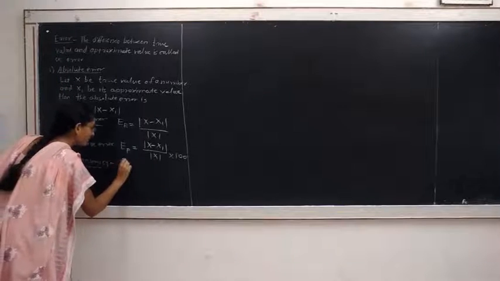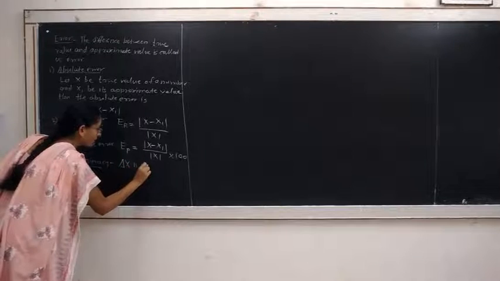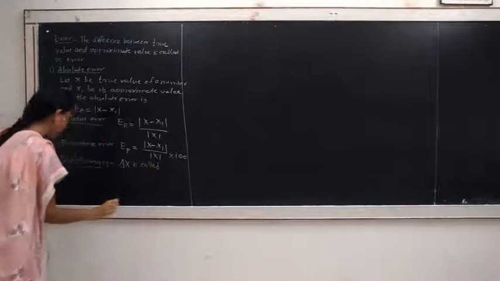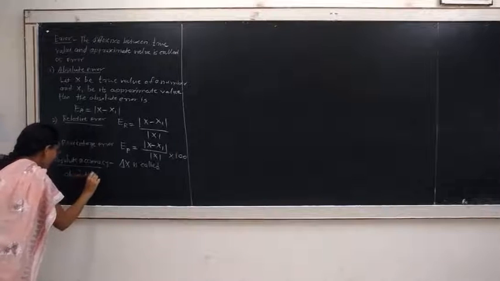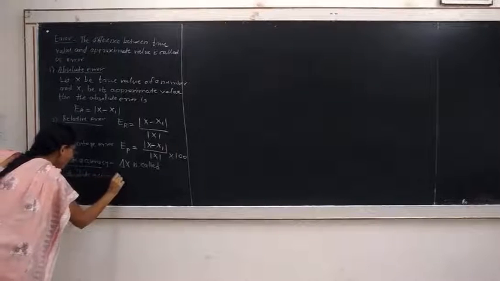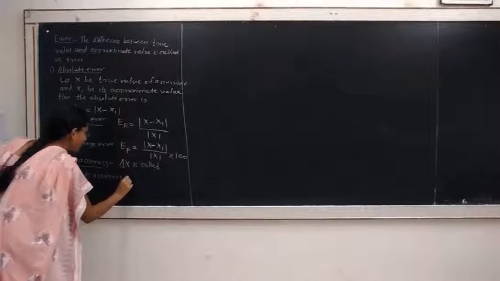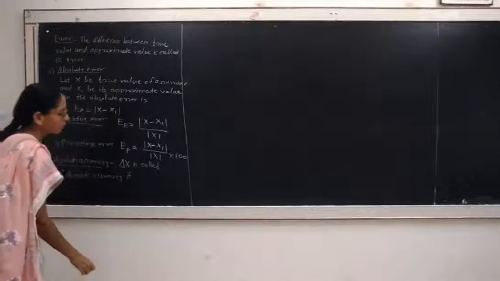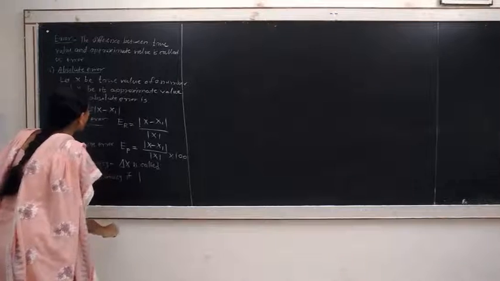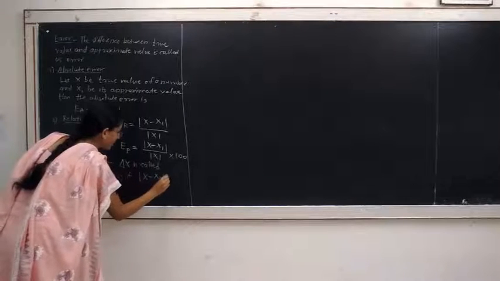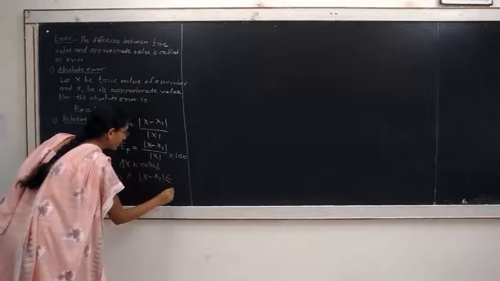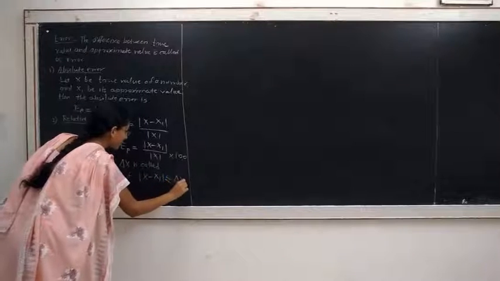Delta x is called absolute accuracy, if mod of x minus x1 is less than or equal to delta x.